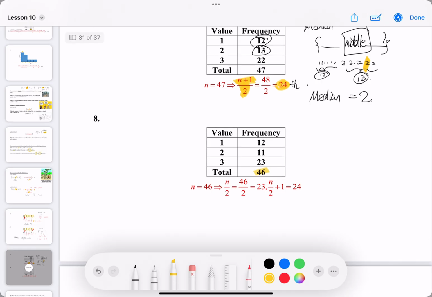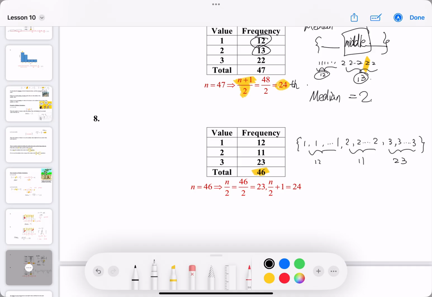Okay, let's see the next example. Totally, we are having 26 numbers. So we are having 12 ones, 11 twos, and we also have a lot of 3s, 23 threes. And what are the middle numbers? If this one doesn't have one middle number, what are the two middle numbers?